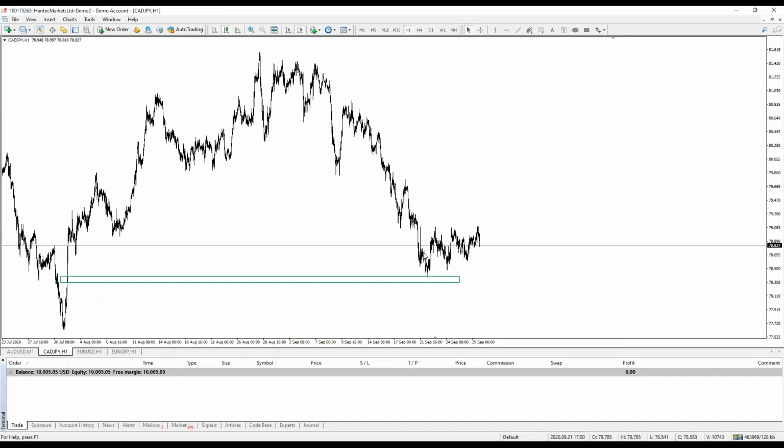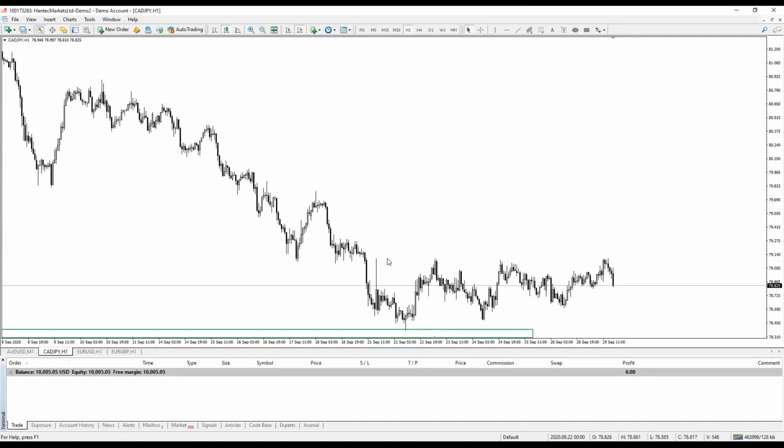And now we look at price and we see that price is breaking supply in the context of a sell-only market. Okay, this supply right here. We have this supply in the context of drop, okay, which was broken.